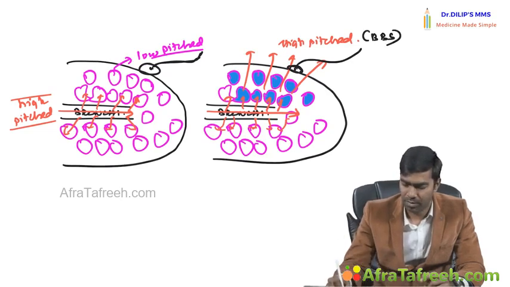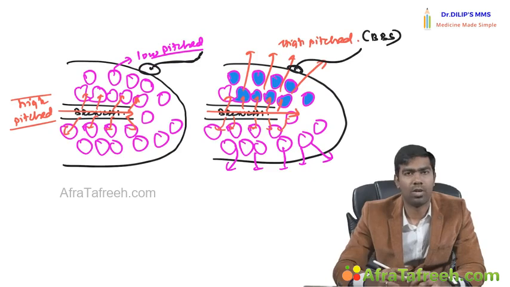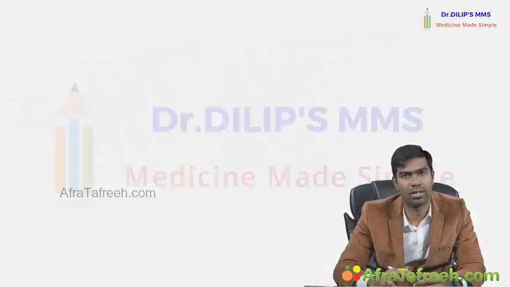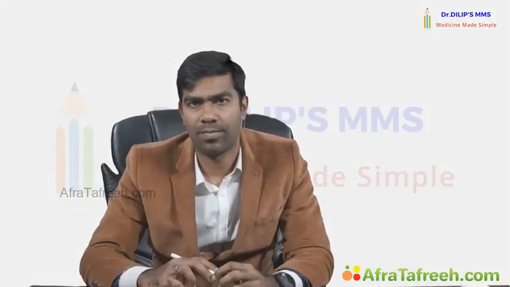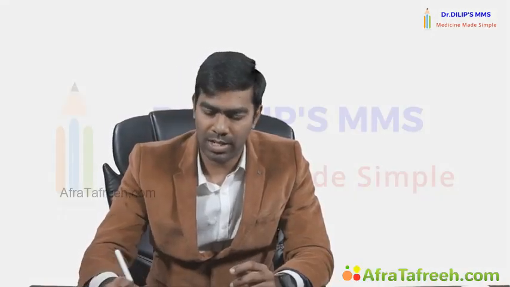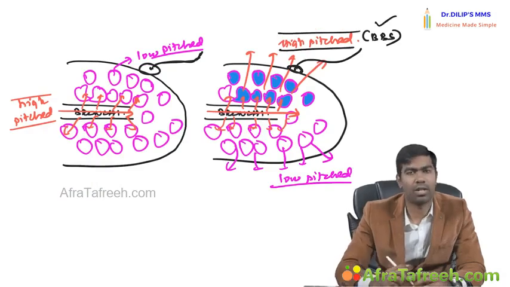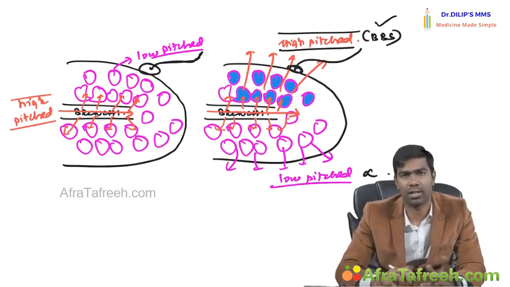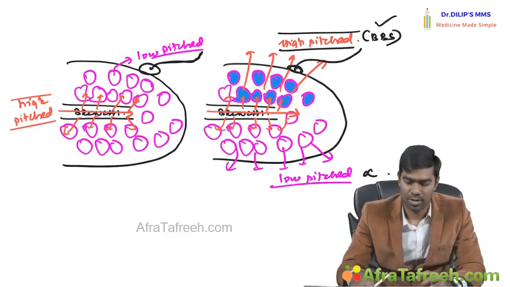But here, if the alveoli are healthy, they filter the high-pitched sounds and only low-pitched sounds will be heard from this region, which is not showing any consolidation. Clear? Do you understand? So in the area of consolidation you hear bronchial breath sounds, and in the area which is not showing consolidation you hear normal vesicular breath sounds.